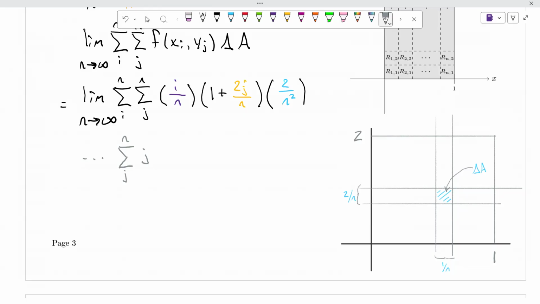I just need to recall the sum of an index as it goes from 1 to n. So that's 1 plus 2 plus 3 plus 4 plus 5 plus 6 plus 7 plus 8 plus 9 plus 10. And well, you get the idea. I probably could have stopped well before that. But that thing should get resolved to n times n plus 1 over 2.